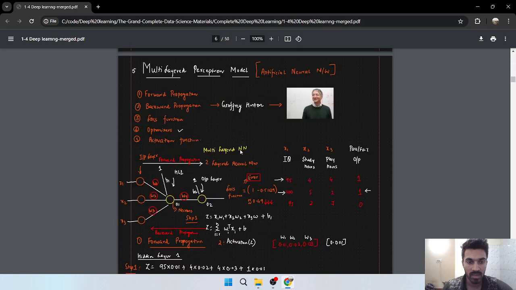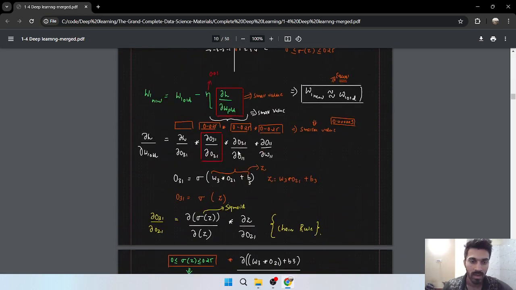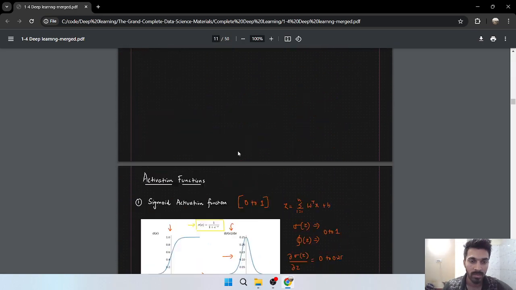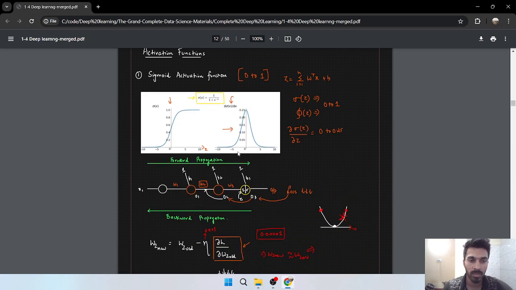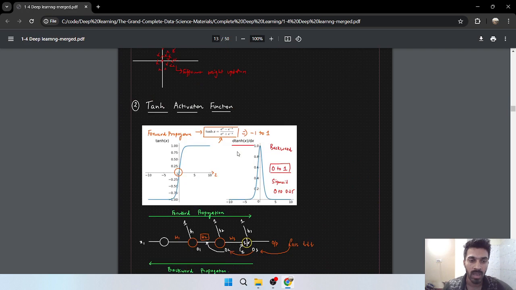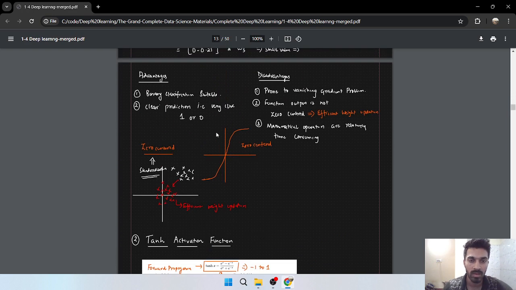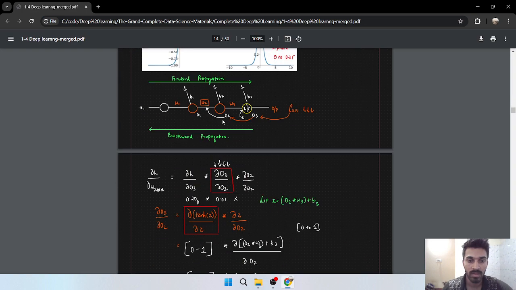We have covered the ANN and the vanishing gradient problem, which arises because of the chain rule or differentiation. The vanishing gradient problem occurs in sigmoid, so we have the tanh activation function. We also saw it is suitable for binary classification with clear prediction.